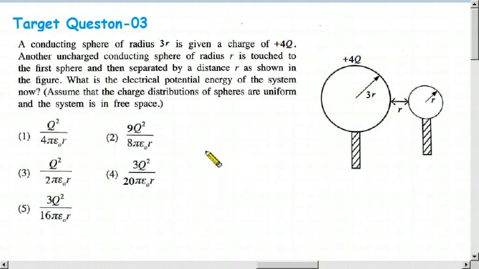So children, here is our target question number 3. You have to try this on your own without watching my answer. Honestly, do it.